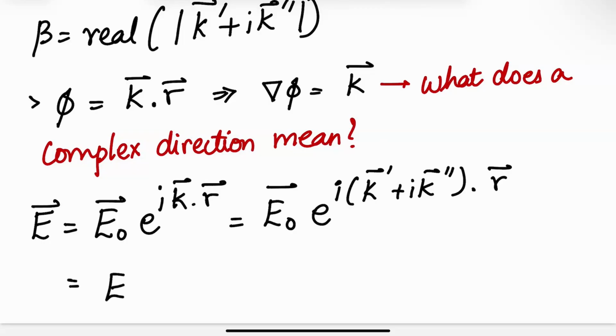This is equal to E naught e to the i k prime dot r times e to the minus k double prime dot r. Now we don't have an i there.